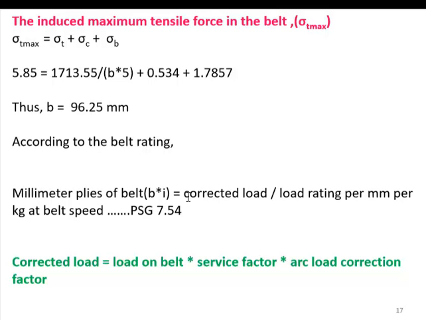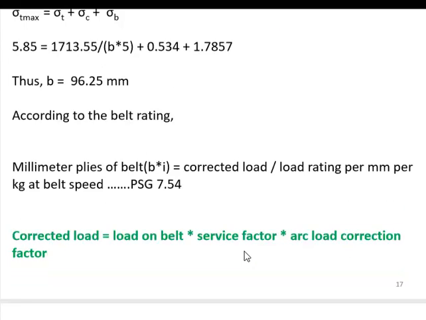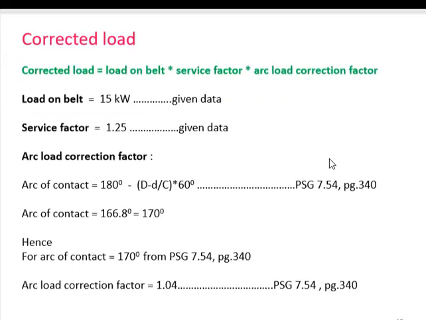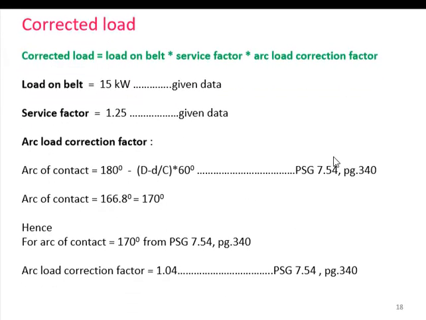We will calculate what is corrected load. The formula for corrected load is there in page number 7.54. Corrected load is equal to load on belt service factor multiplied by arc load correction factor. When we look onto these parameters, we can say load on the belt is known to us, that is 15 kilowatt. Service factor is also known.